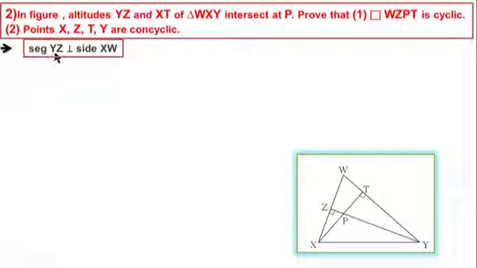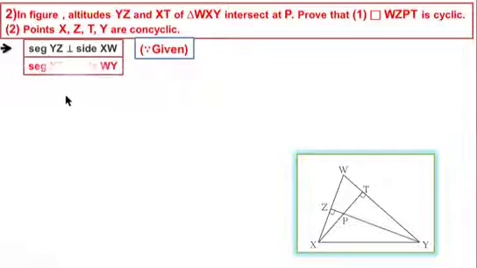Segment YZ is perpendicular to side XW. That is given. Segment XT is perpendicular to side WY. It is also given.